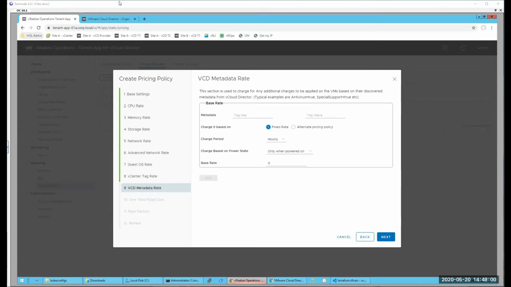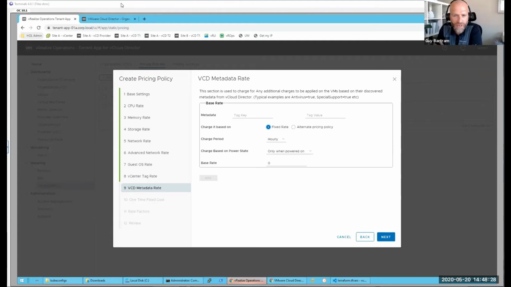But because 100 of them require gold quality support, you tag them saying that these are gold quality support VMs. I want to charge them twice as much, let's say, and you set a separate pricing policy altogether, and you point to that pricing policy for whichever VM is tagged with it. So with this, you can play around quite a bit on how you want to differentially price different VMs.